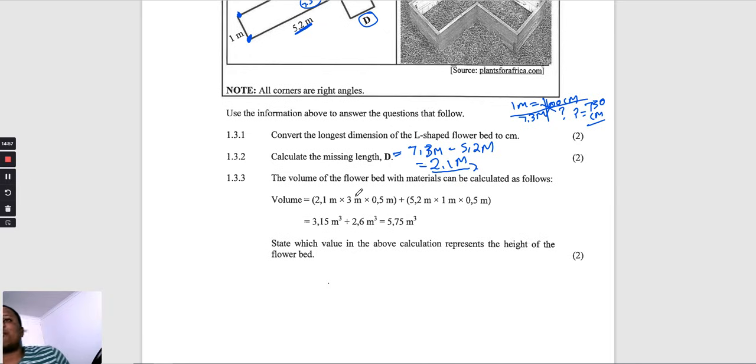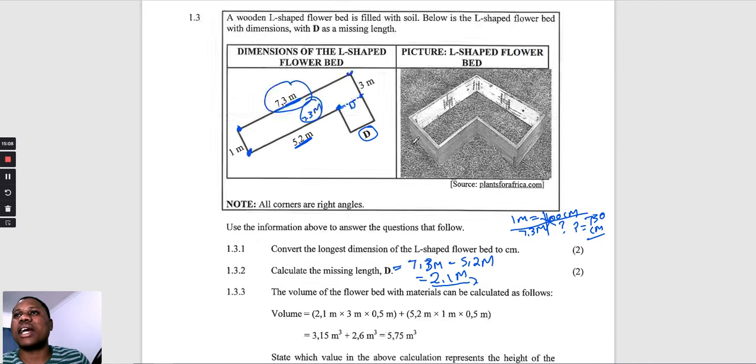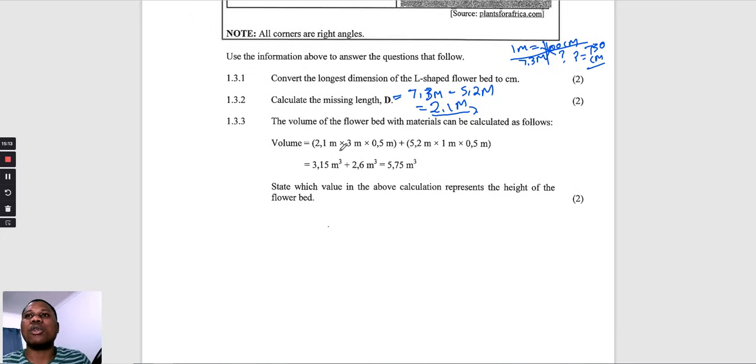1.3.3. The volume of the flower bed with materials can be calculated as follows. Like I said, we can divide this into two rectangles, and remember the formula to calculate the volume of a rectangular prism says length times breadth times height.